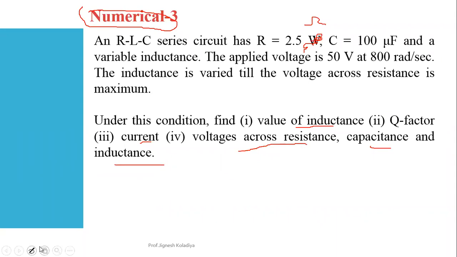So first of all, you can see the series RLC circuit is given. Resistance is given 2.5 ohm. Then capacitor is given 100 microfarad.